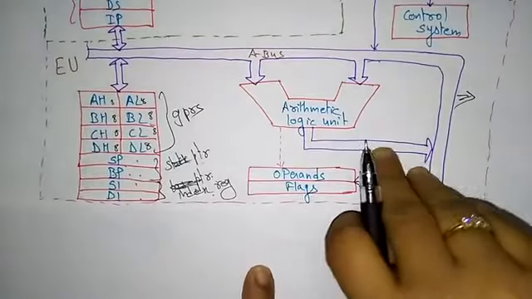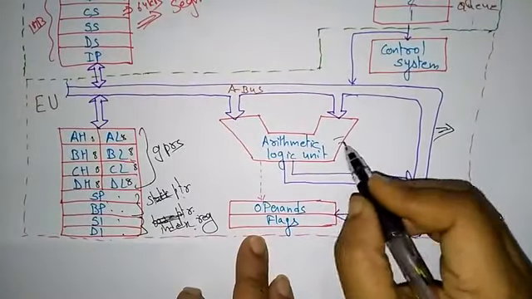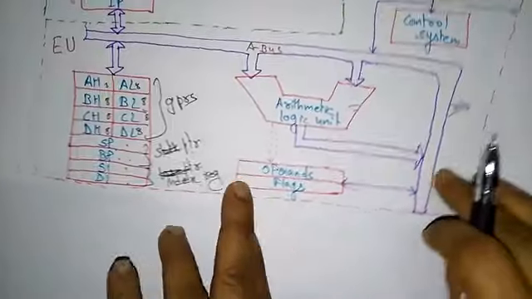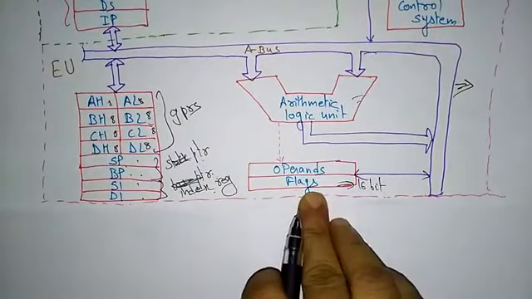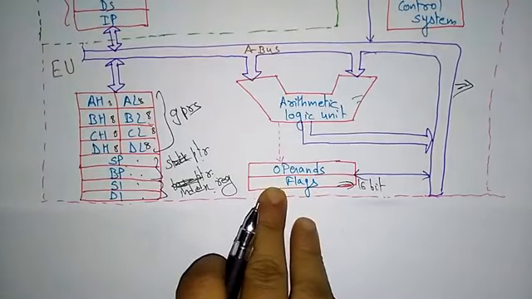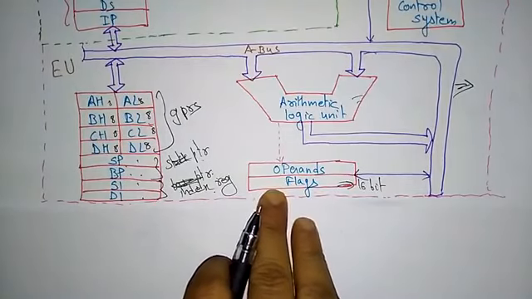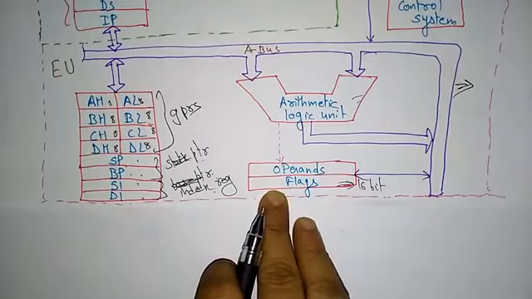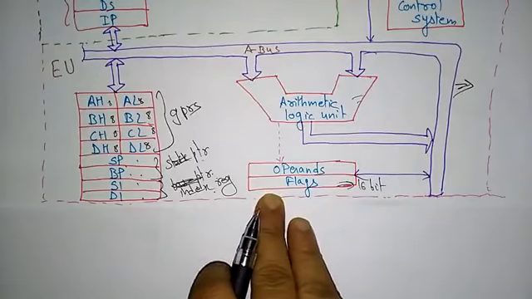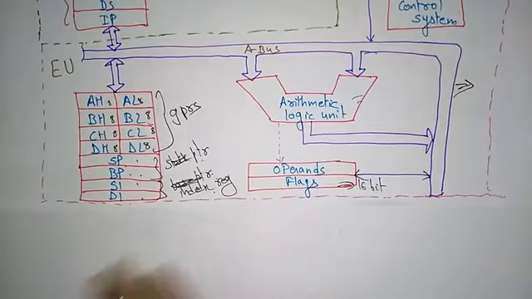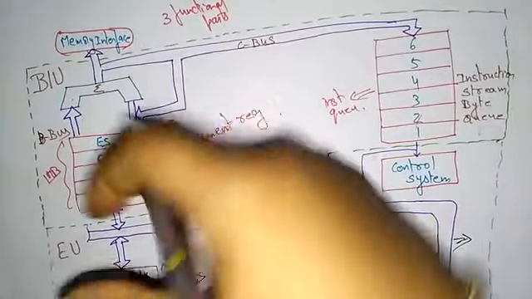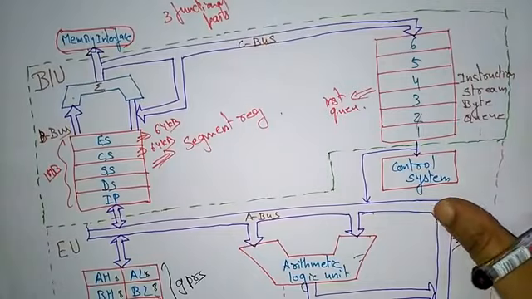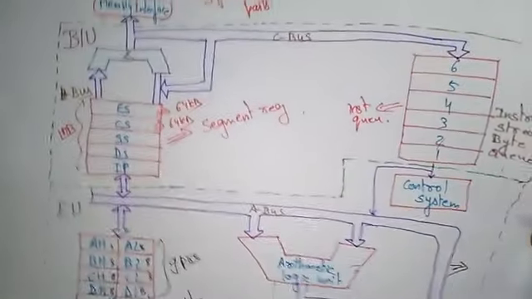Coming to the arithmetic logic unit, which performs all the arithmetic and logical operations. And this is the 16-bit flag register, which stores the flags like carry flag, auxiliary carry, parity flag, zero flag, sign flag, trap flag, interrupt enable, direction flag, overflow flag. Everything is operated here, and the result is sent to the bus interface unit, which sends the result to the external parts, that is the memory and input output ports.